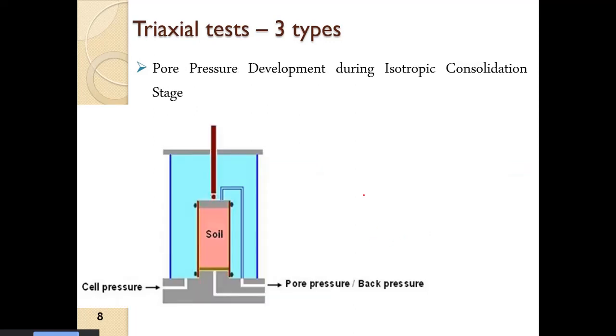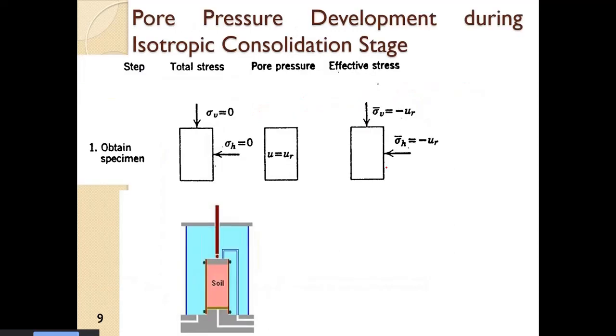Now to understand how the pore pressure will evolve during the cell pressure application stage, as we have previously discussed, we took out a sample from a particular depth of the soil.